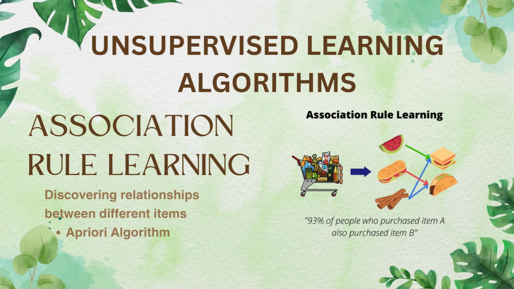That's called market basket analysis. And the most well known algorithm here is the Apriori algorithm. It looks for patterns like, hey, if someone buys bread, here is a chance they will also grab some jam or butter. It's super useful for retail, e-commerce, and even recommendation engines.